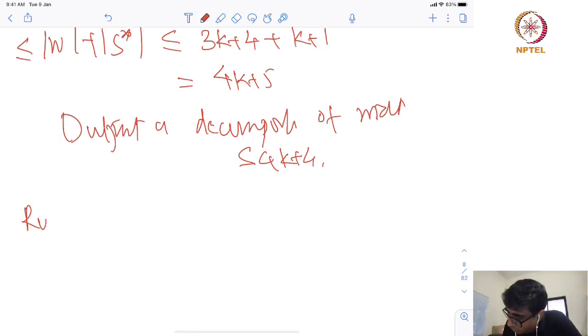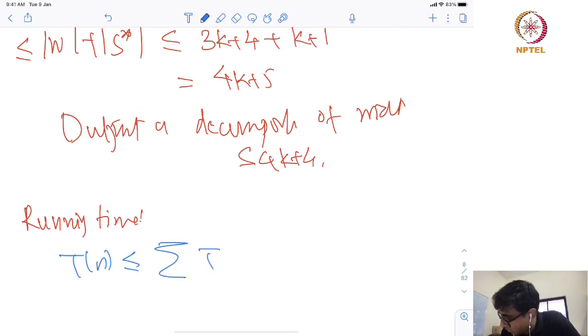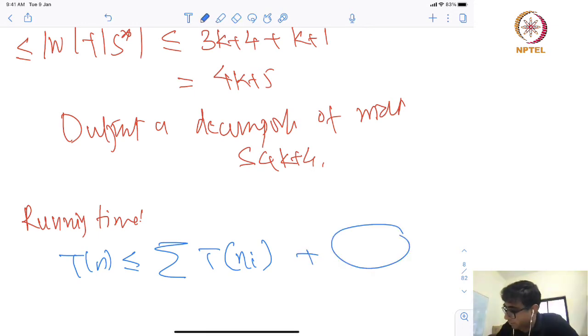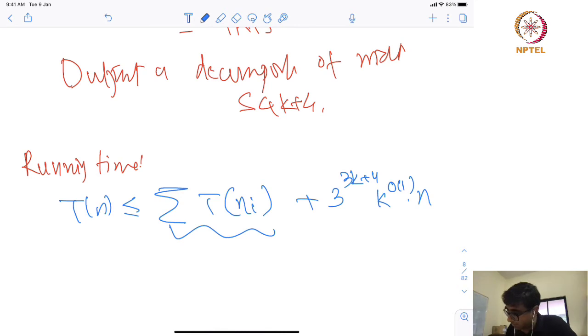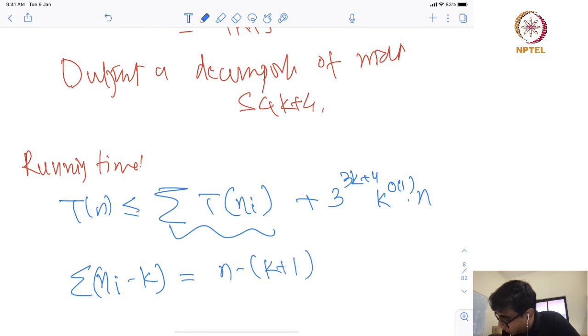And then of course, you could ask, what about running time? Well, the running time of this algorithm is essentially T of n upper bounded by summation of T of ni plus some 3 to the power 3k plus 4 times some k to the power big O of 1 times n, and you have to be a bit careful because of a property: if you sum ni minus k, then it is equal to n minus k plus 1, because in each of these components there is a k plus 1 size part which is common.